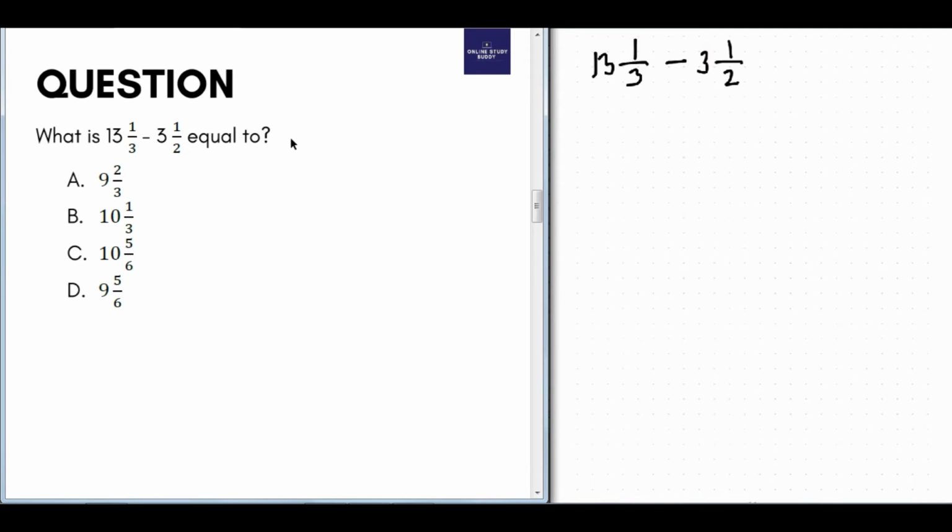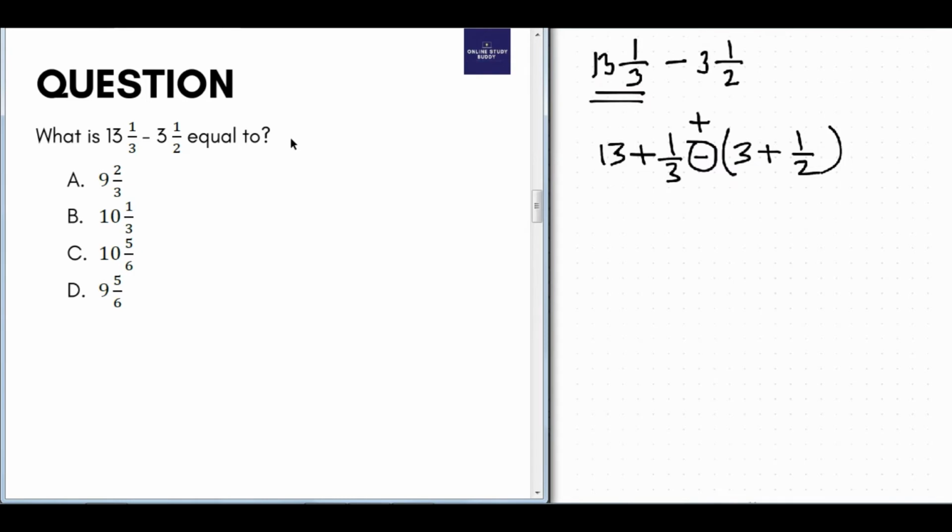So, since alam natin from previous problem na, kunwari ito, 13 and 1/3, equal lang siya sa 13 plus 1 over 3 minus the quantity 3 plus 1/2, pwede natin i-perform yung operation ng ganito. So, convert muna natin yung minus natin to plus.